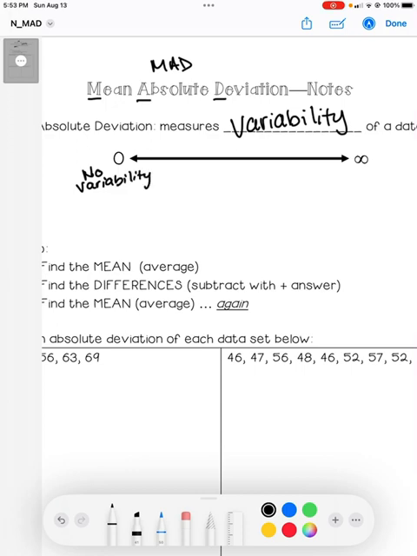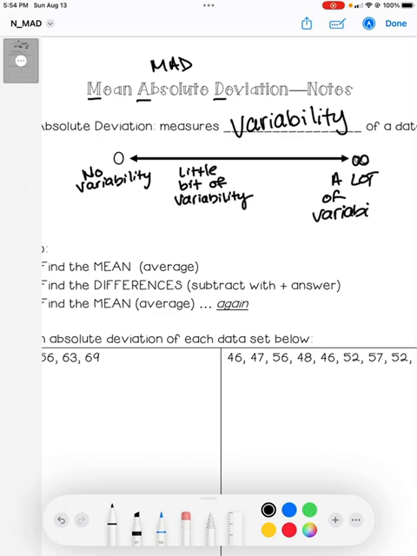So the closer you are to 0, you have a little bit of variability. And then the bigger and bigger the number gets as it approaches infinity, just a really large number, you'd have a lot of variability.